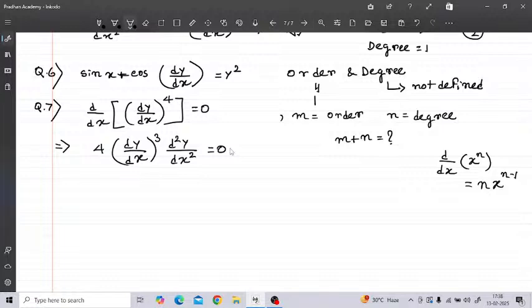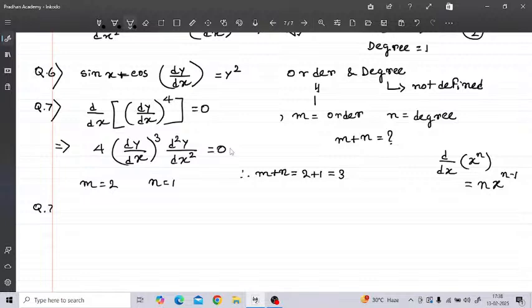So here the order is 2 as the highest order derivative is 2, and degree is 1, not 3. 3 is the power of the first order derivative, but we have to consider the power of the highest order derivative. So m plus n is 2 plus 1 equals 3.